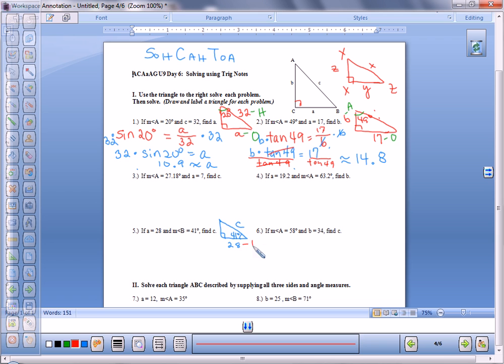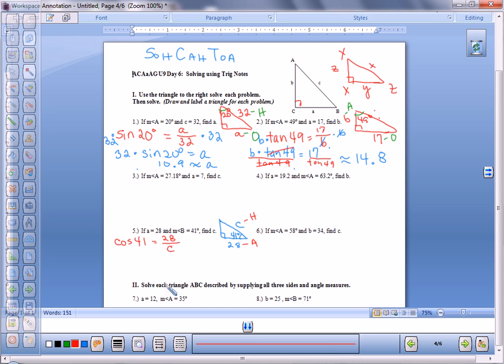The adjacent. And C is which side? Okay. Ask yourself the second question. Which trig ratio involves the hypotenuse and the adjacent side? Cosine. So cosine of 41 is equal to adjacent, which is 28, over hypotenuse, which is C.